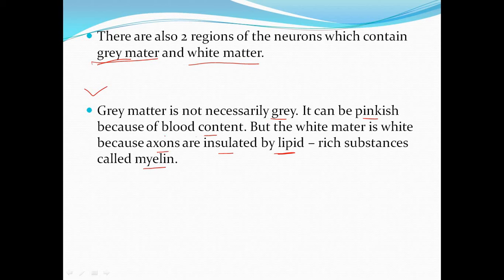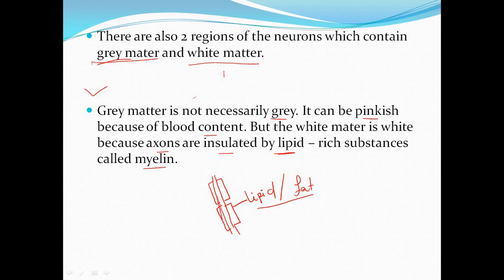This is the structure of the axon, and the axon is surrounded by the myelin sheath, and these myelin sheaths are made up of lipid or fat. For this reason, they seem white.